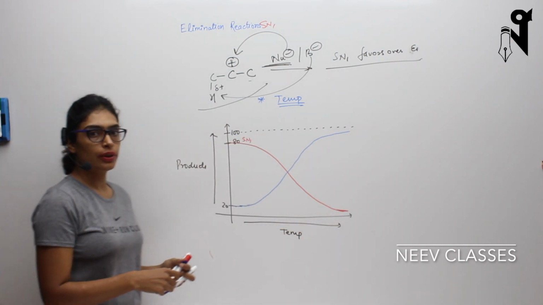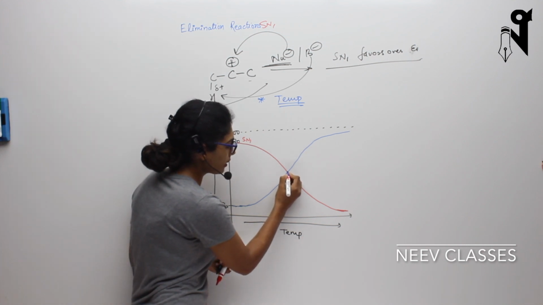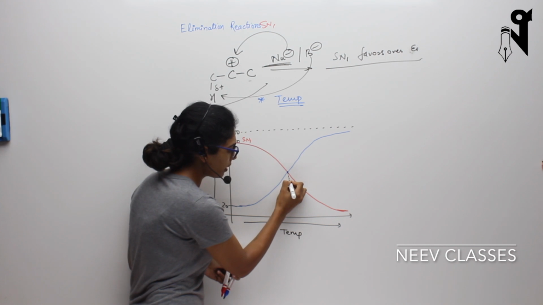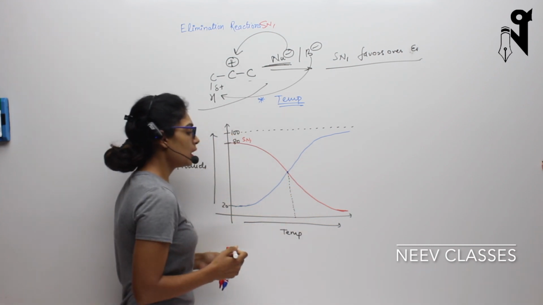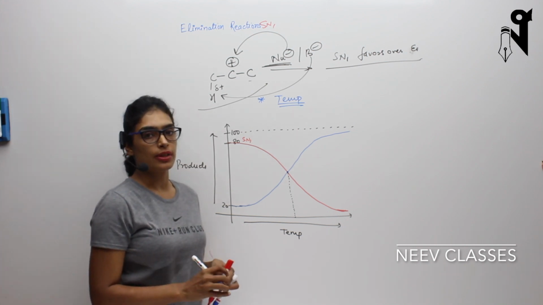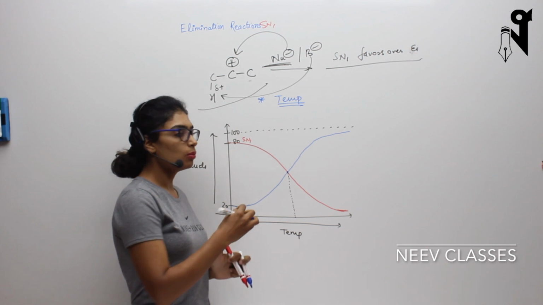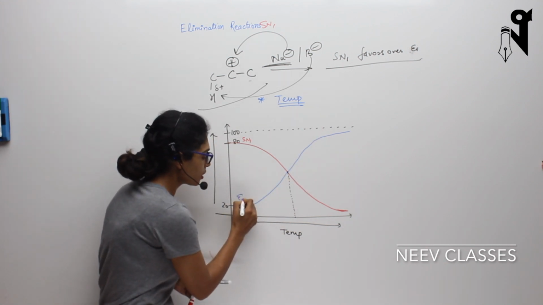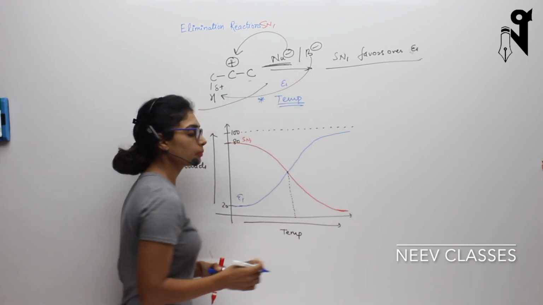What we can see here is that at a certain point both percentages are exactly the same, that is 50%. This temperature will be somewhere around 50 to 60 degrees, where we will get 50% SN1 and 50% E1. The higher the temperature, the more the percentage of E1, and the lower the temperature, the more the percentage of SN1. So this is my E1.